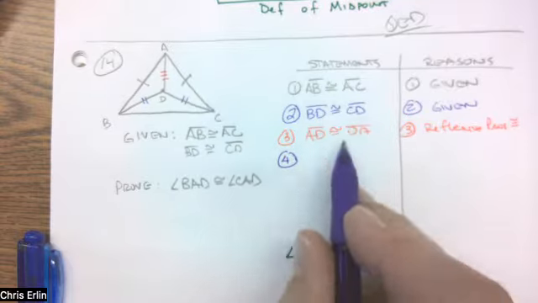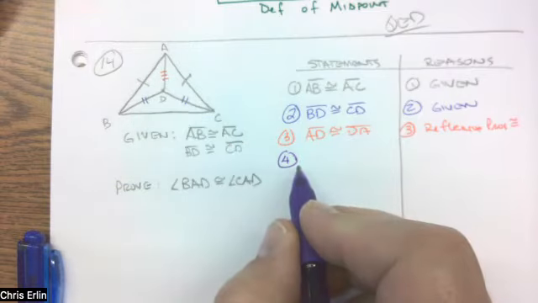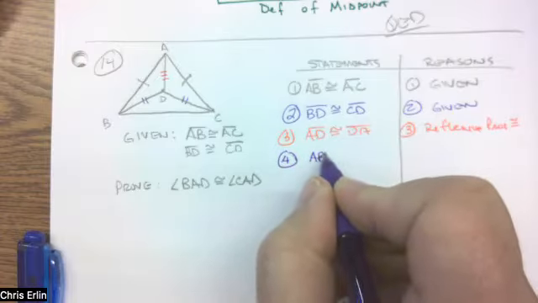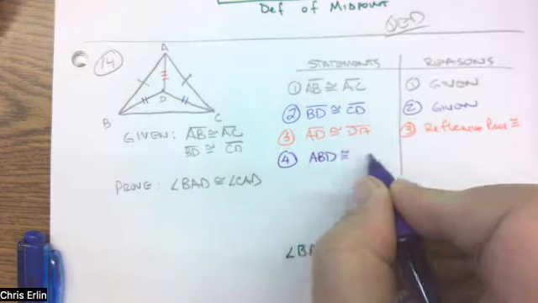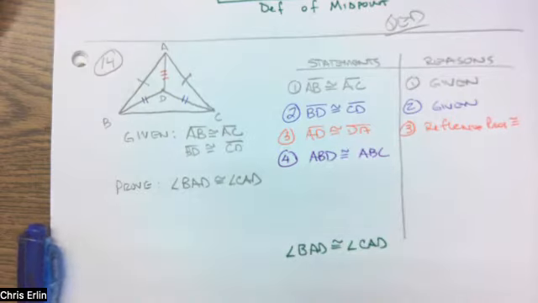Now that we've proven these 3 things and it's given us these 3 side pairs, what are we going to say for step 4? ABD is ABC. I wrote exactly what you said, and we're missing one piece. The triangles.